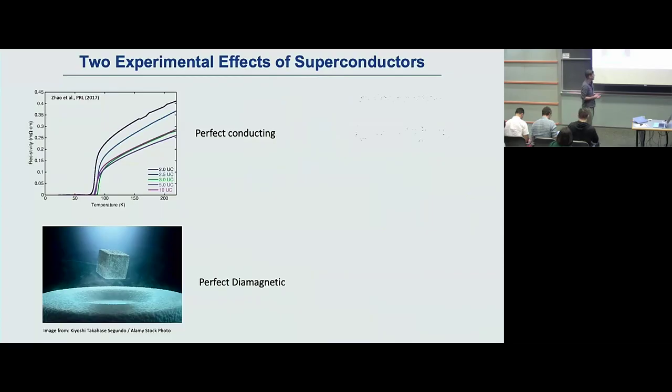It turns out that if I just write the London equations in the London gauge, they can explain both of these phenomena at once, and the proportionality coefficient between the current and the vector potential is what we call the superfluid stiffness.